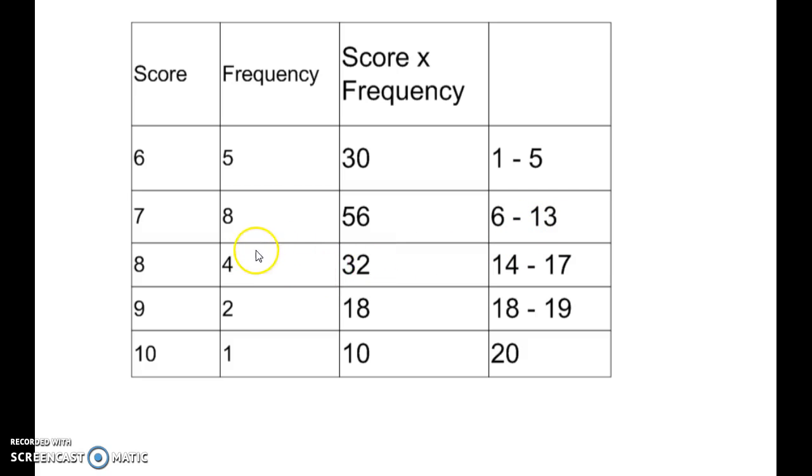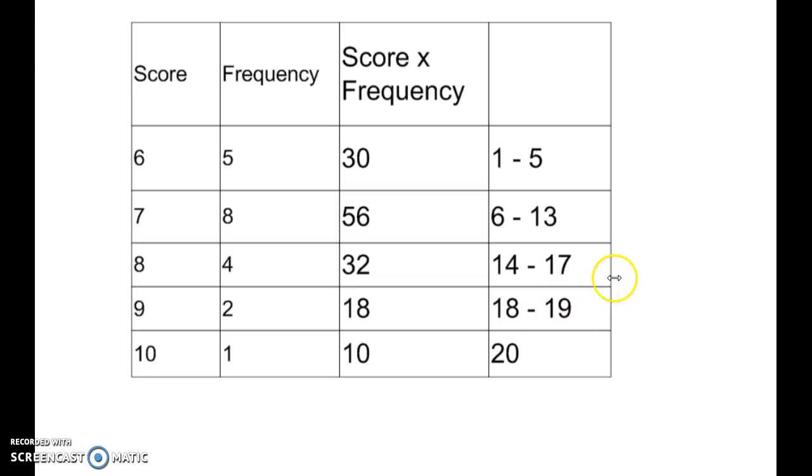Then after those, the next 4 values are 8s. So values 14, 15, 16 and 17 would be 8. And so on. So this running total of my frequency is what I'm going to use to help me work out what the 10th and the 11th values are.